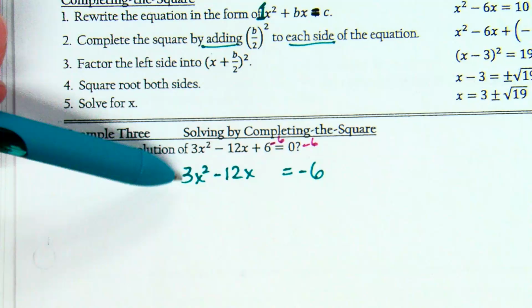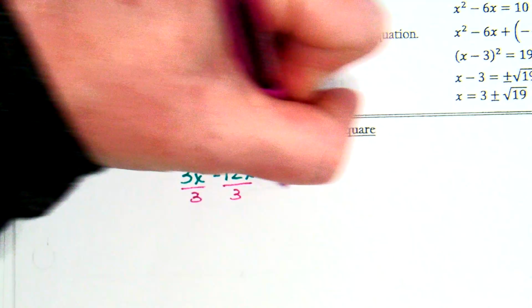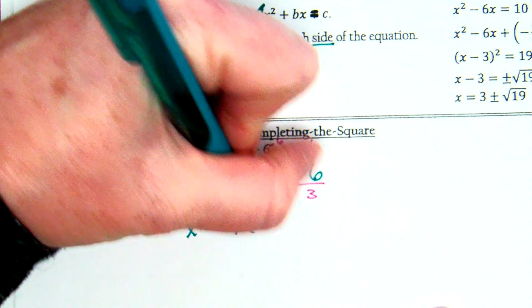Now, if I'm going to divide that first term by 3, we can divide it all by 3. So then this becomes x squared minus 4x, I'm going to leave a gap, equals negative 2.